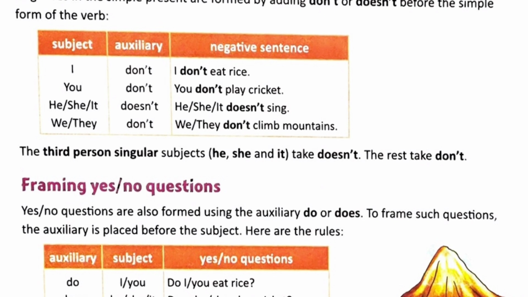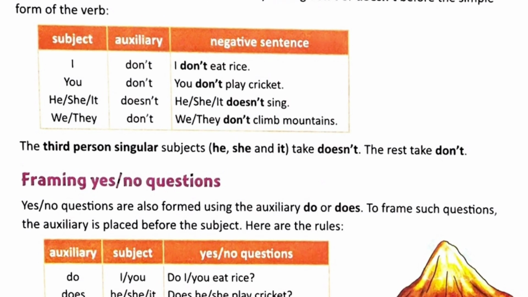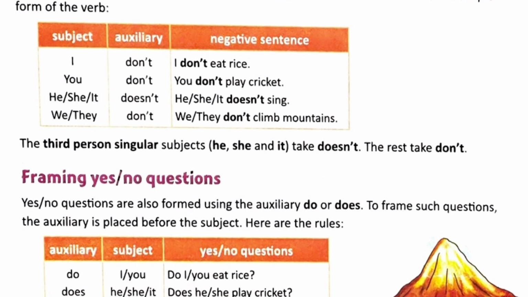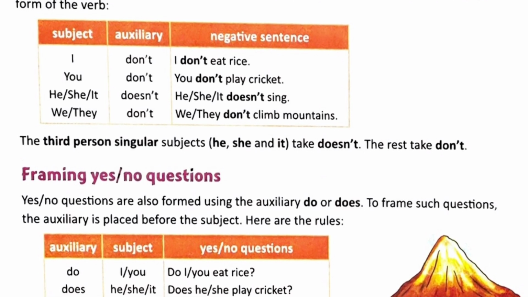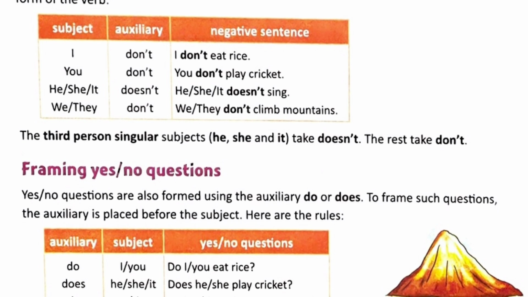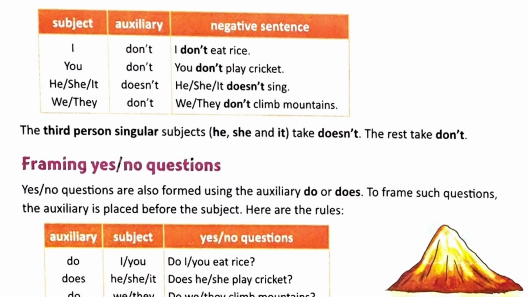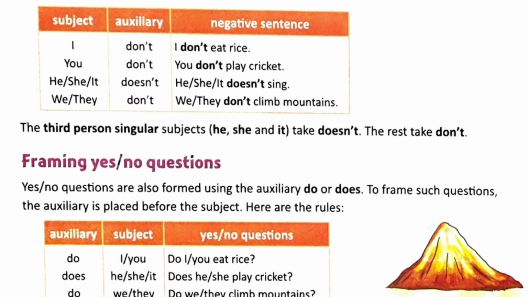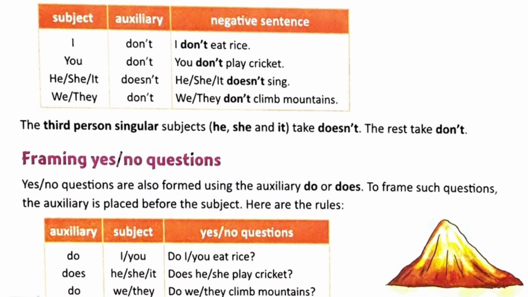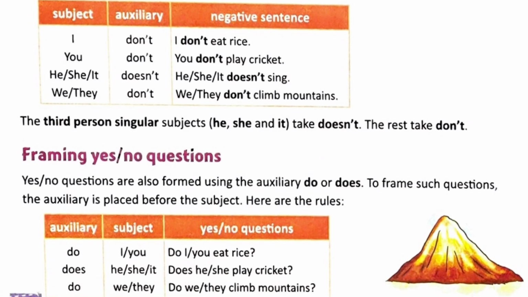So with the plural noun or pronoun, we write the auxiliary don't. So the sentence becomes we or they don't climb mountains. Climb is again the root form of the verb. So the third person singular subjects, that is he, she or it, take doesn't, and all the rest take the auxiliary don't. Next is framing yes-no questions.